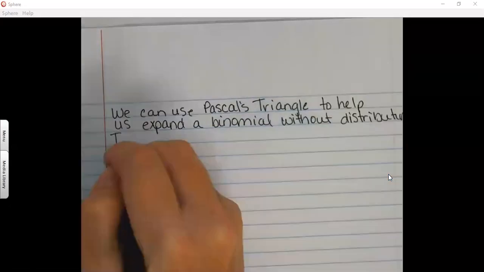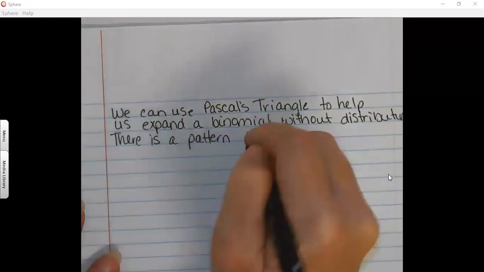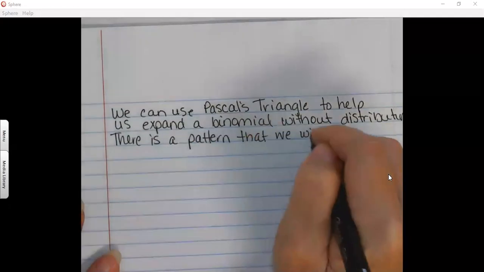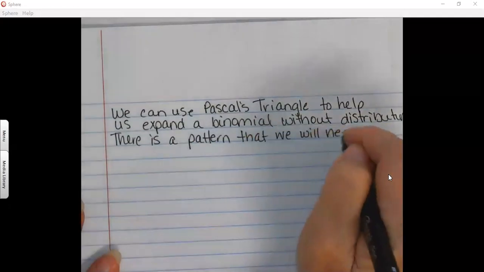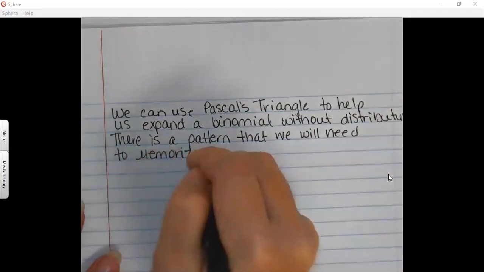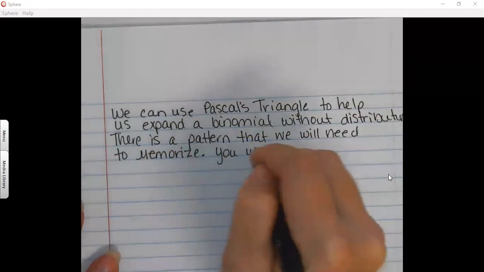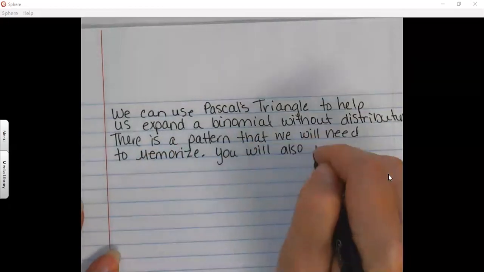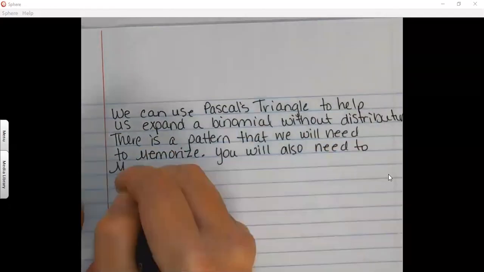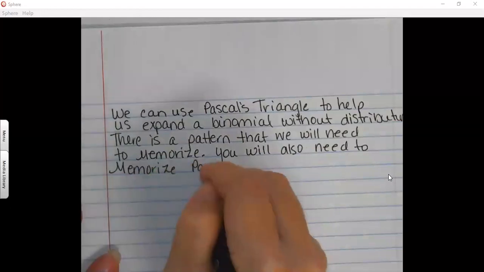Here is a pattern that we will need to memorize. You will also need to memorize Pascal's triangle. Don't worry, it's not hard.